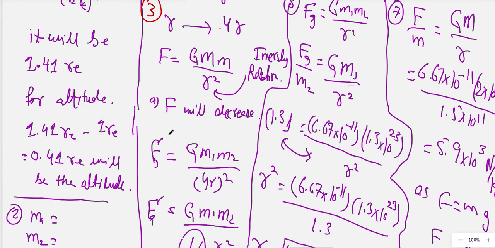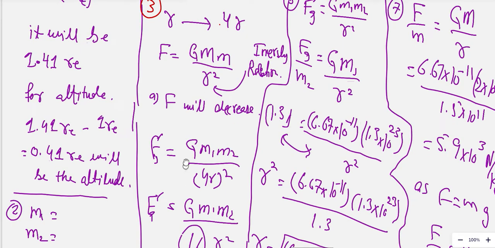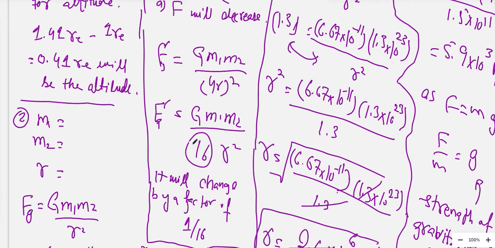The new force will become F prime, which will be equal to G m1 m2 over (4r) squared. Instead of r we write 4r, then we take the square of this term. 4r squared becomes 16 r squared, because 4 times 4 is equal to 16, and the factor by which the force is changed is 1 by 16 of the original value.